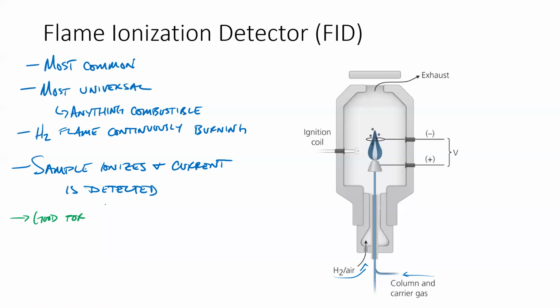It's good for a lot of studies, but in particular air pollution, because the most common constituents of air are not detectable, right? And it doesn't detect oxygen because oxygen is already being brought in to make the flame go.